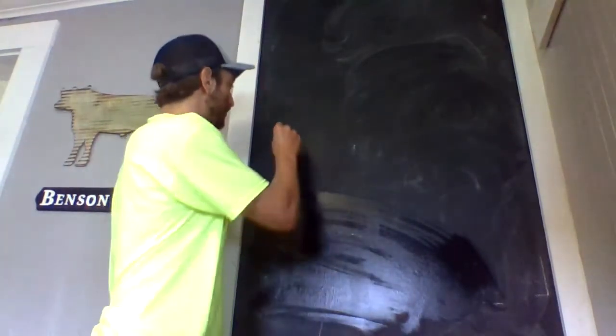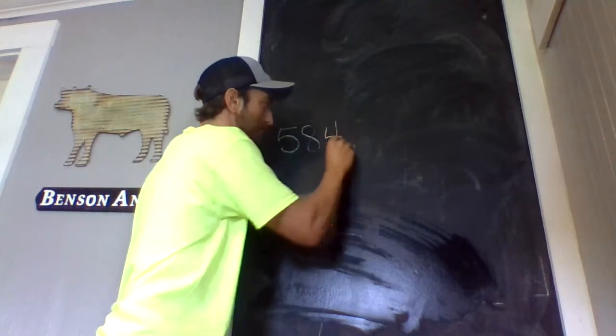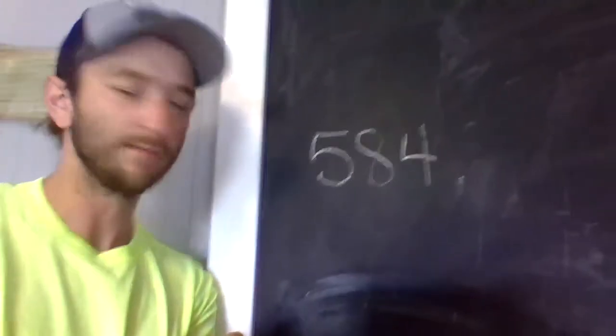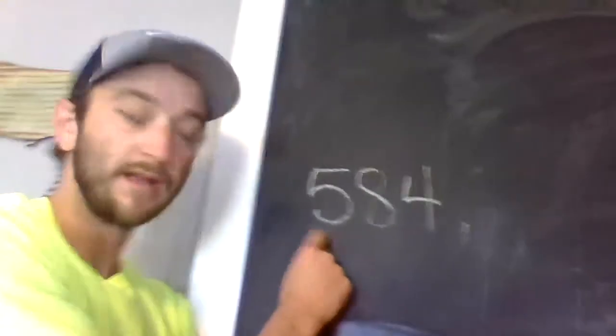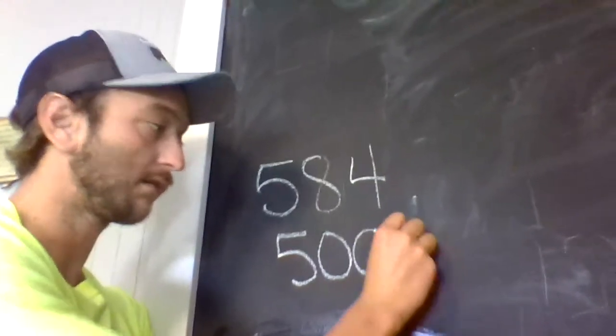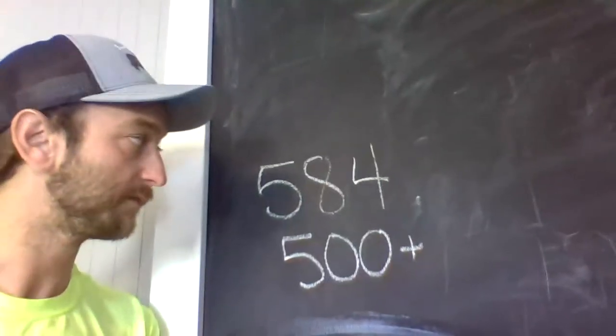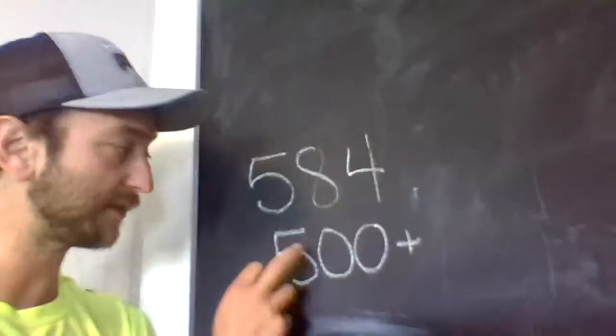Let's try the number 584. Okay? So we have 584 here. Get you a little closer so you can see. 584 is our number. So we start with the 5, and it's going to be 500. Okay, that's in our hundreds place, so that number is 500.